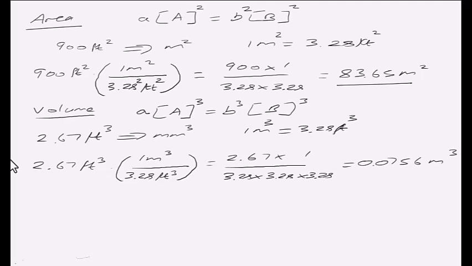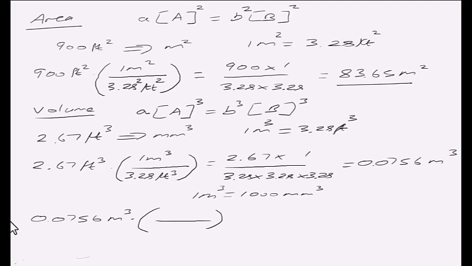But remember, we need to know what it is in millimeters cubed. We know that 1 meter cubed is equal to 1,000 millimeters cubed, because 1 meter is 1,000 millimeters. And so we end up with 0.0756 meters cubed.